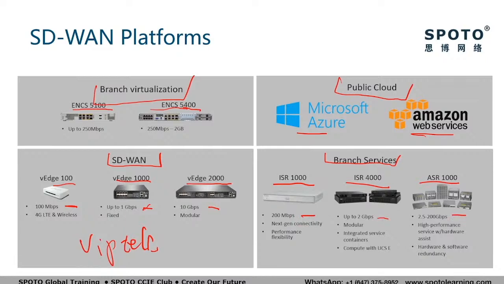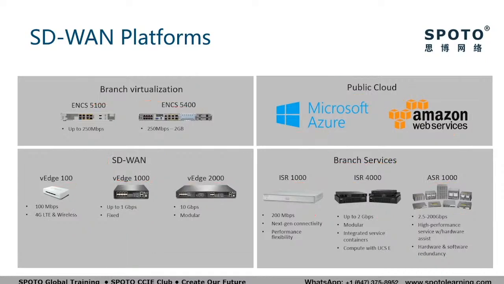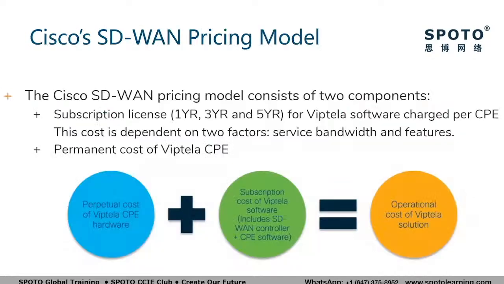So, as we just said, regardless of the platform you need, they all work together seamlessly and can be managed through a single user interface. It really depends on your business requirement. Pick whichever fits your need. Now the SD-WAN pricing model.